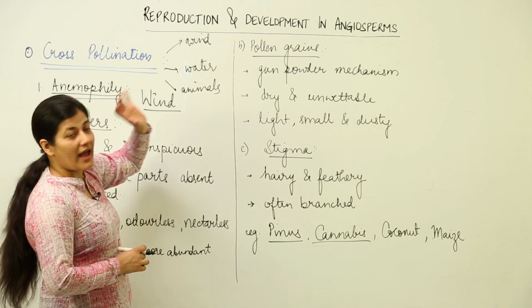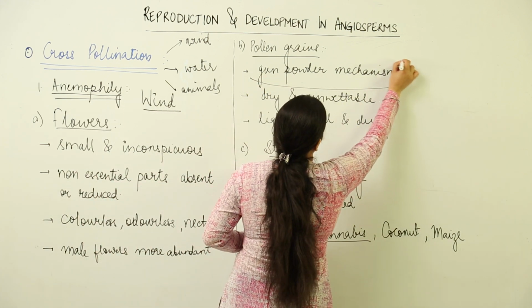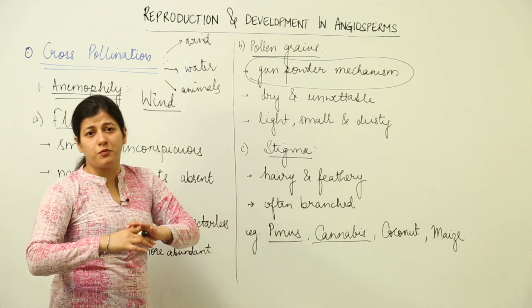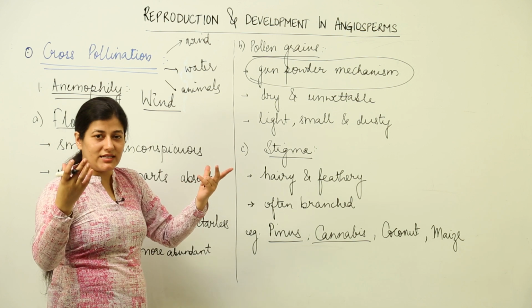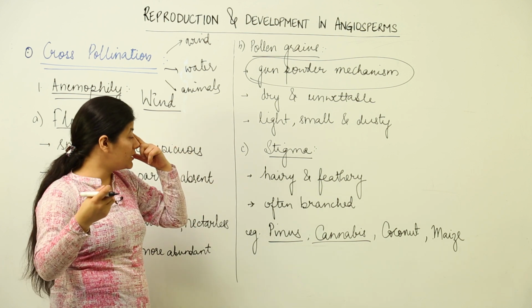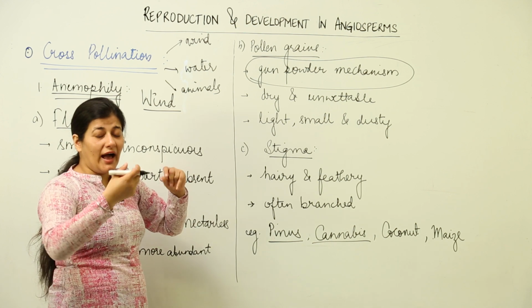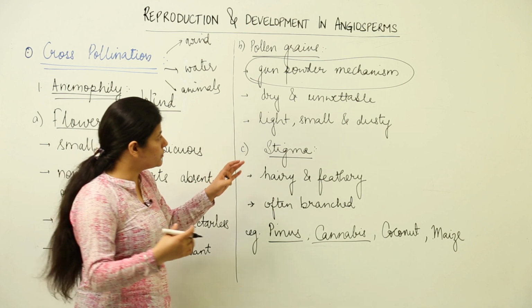what are the characteristics that a pollen has? First of all, you have a term known as the gunpowder mechanism. Now what is this gunpowder mechanism? It is the spontaneous and quick bursting of the anther, which bursts as if some sort of minute blast is taking place, and the pollens are thrown into the air. Numerous pollens are thrown into the air.